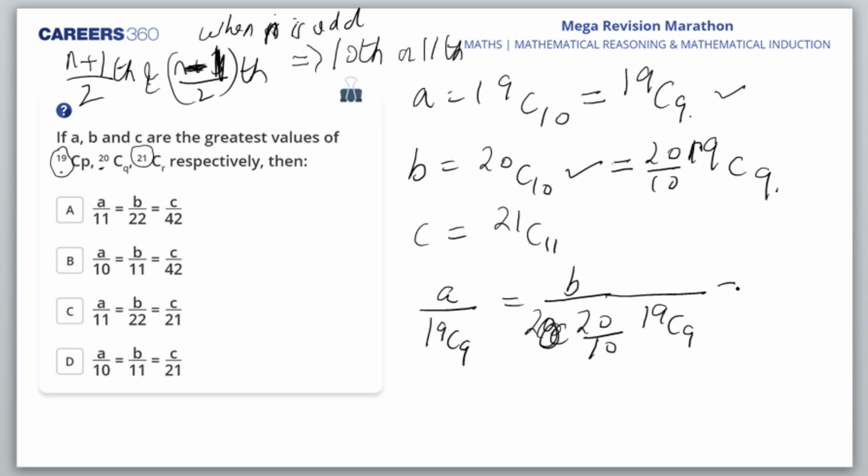Then C would be 21C11. How can I write 21C11? I can write it as 21 by 11, then 20 by 10, 19C9. Oh, 20. I'll just erase it.